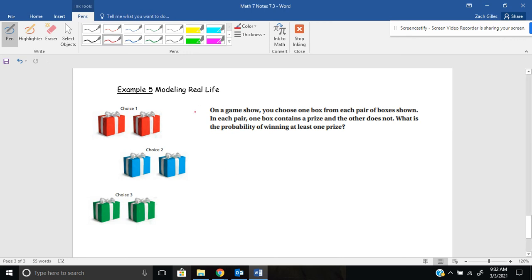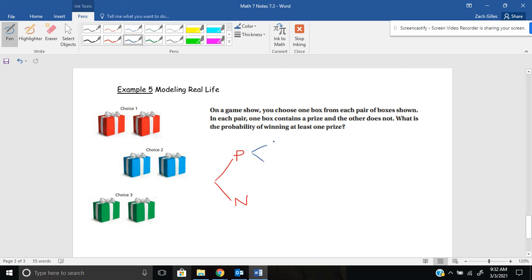I'm going to use the same colors here. You might want to do it a little differently on your paper. In each pair, one box contains a prize, so for the red, my first choice, one contains a prize and one does not. So that's prize and no prize. Now you have another choice, choice 2.